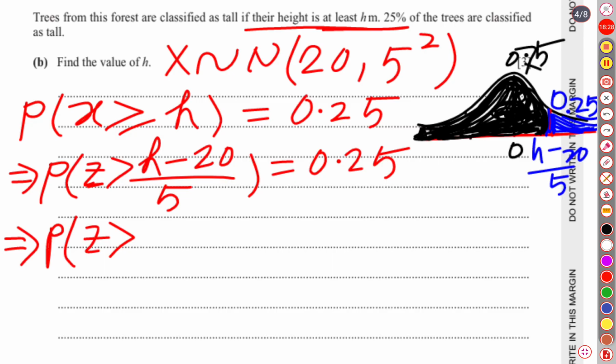So we can easily find the probability of 0.75 when the corresponding z score is h minus 20 over 5, and it is lying on the right side, so it's definitely positive. Okay, so let us find the probability of 0.75.